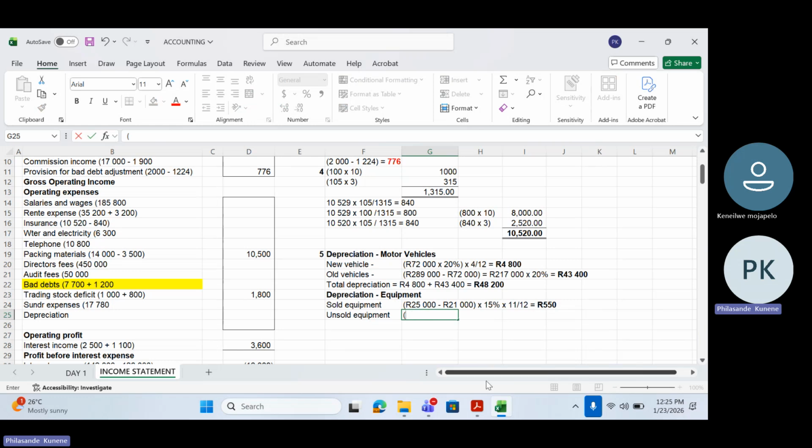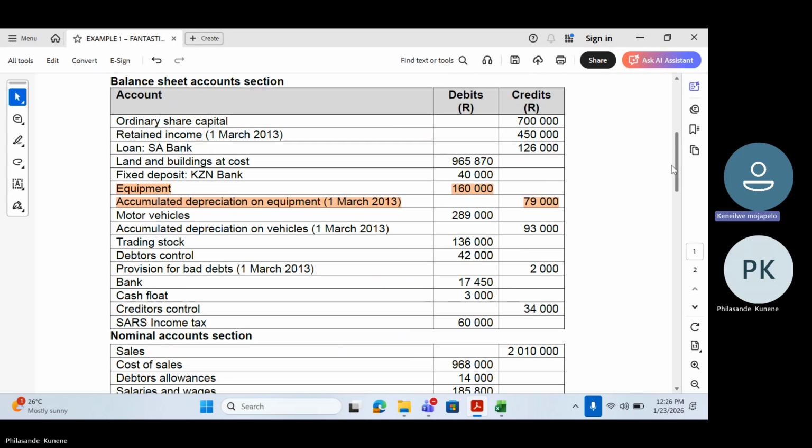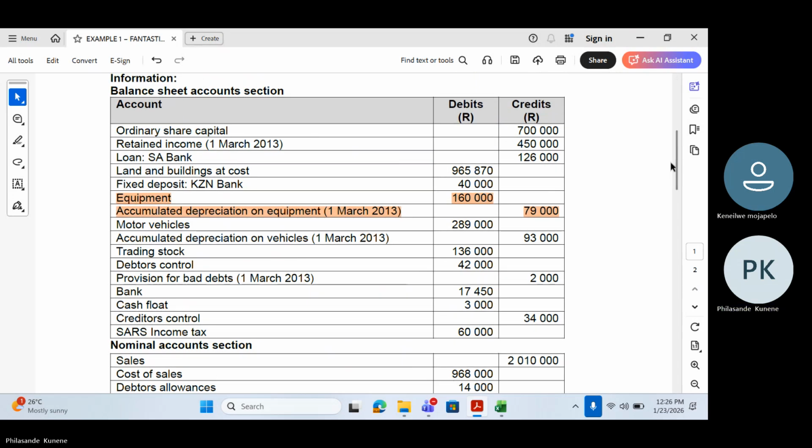Now, let's calculate the depreciation for the unsold equipment. For the equipment that was unsold, what are we going to do? We're going to go to the trial balance. And then we're going to say 160,000.